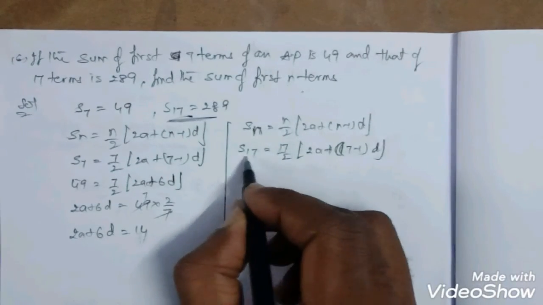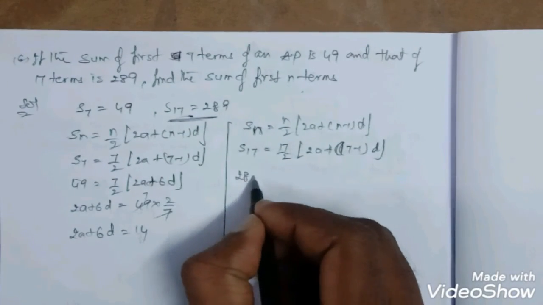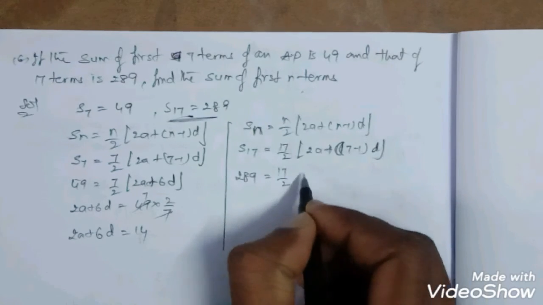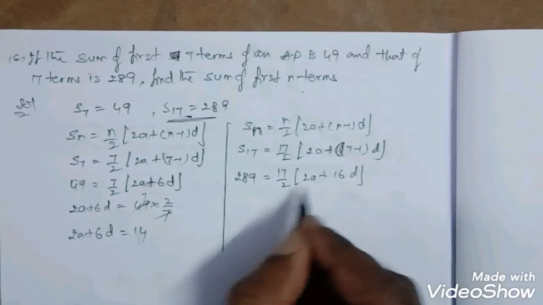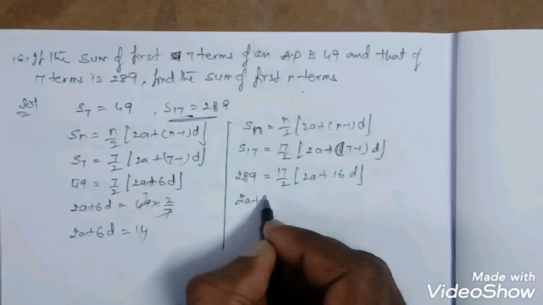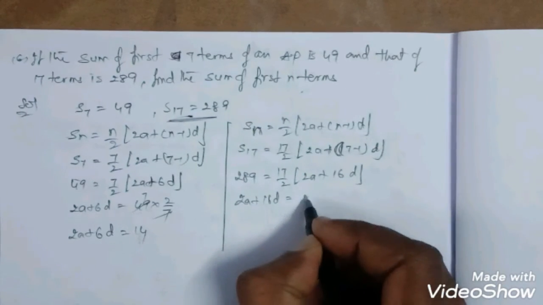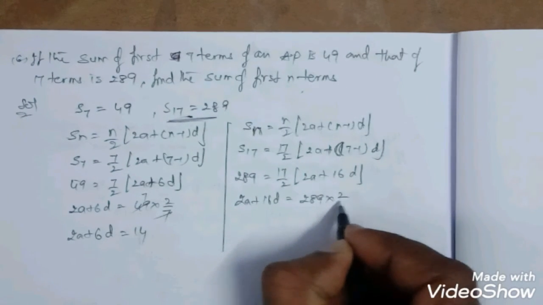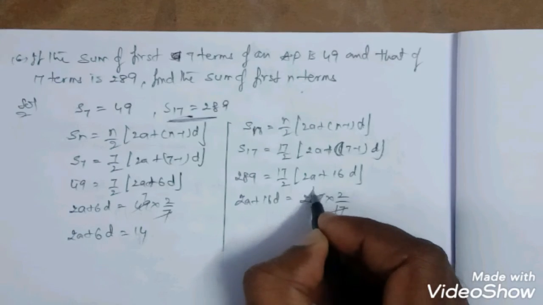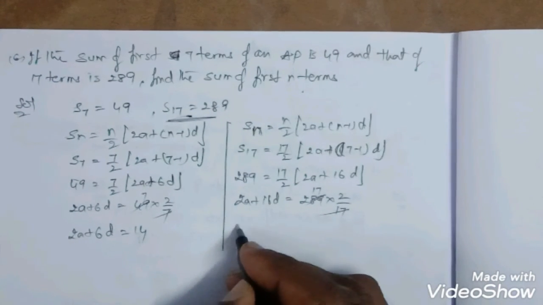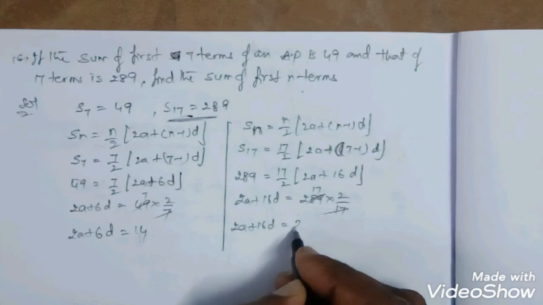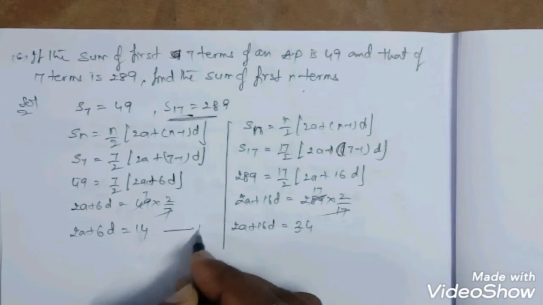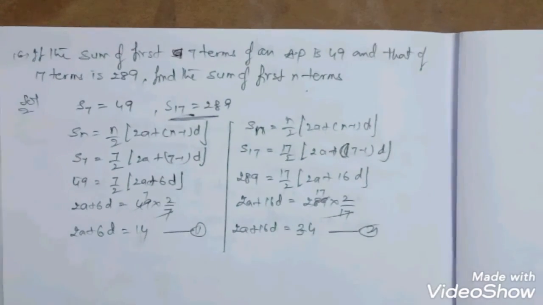Now S17 already they have given us 289 is equal to 17 by 2 into 2a plus 17 minus 1 is 16d. Now cross multiply, you will get 2a plus 16d is equal to 289 into 2 by 17. Now cancel this with 17. 17 seventeens are 289. You will get 2a plus 16d is equal to 17 twos are 34. So this is my first equation. This is your second equation.